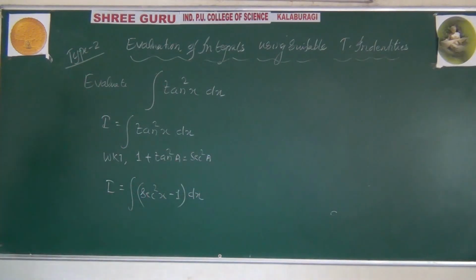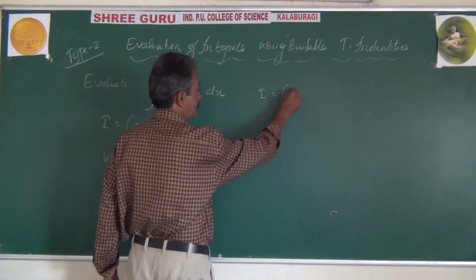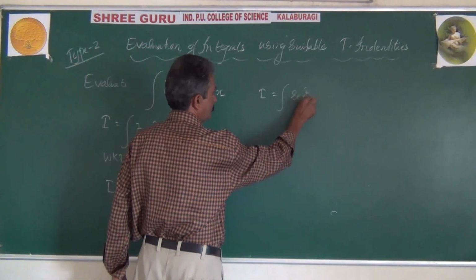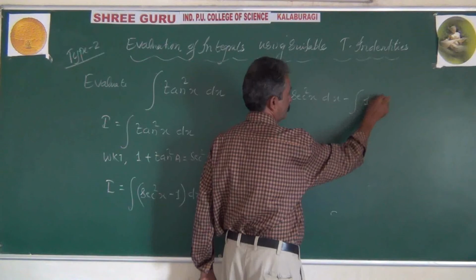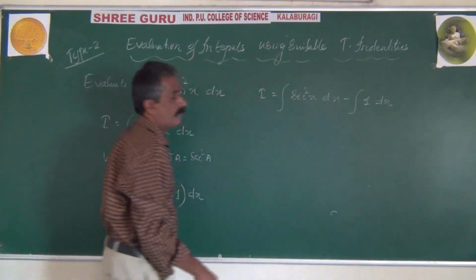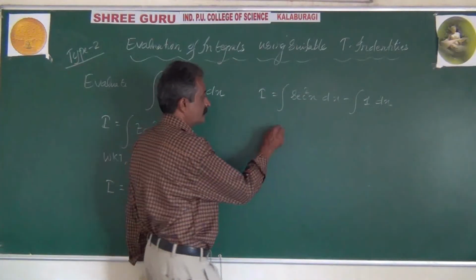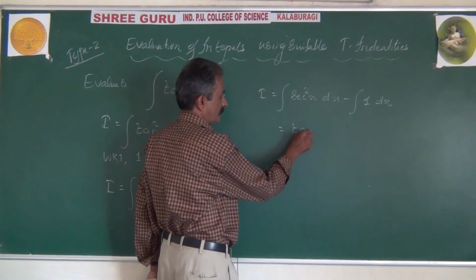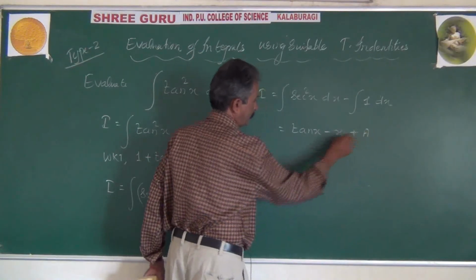Now we can break the integration: first term, the integration of secant square x, minus the integration of 1 dx. What is the integration of secant square x? Tan x. The integration of 1 dx is x, plus constant.